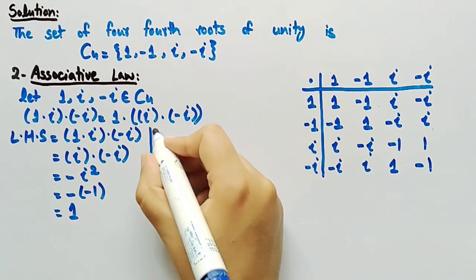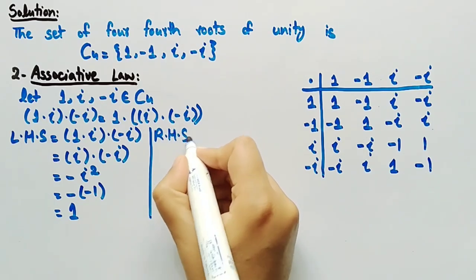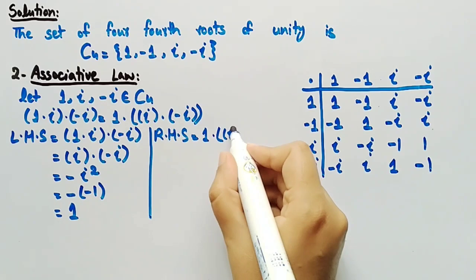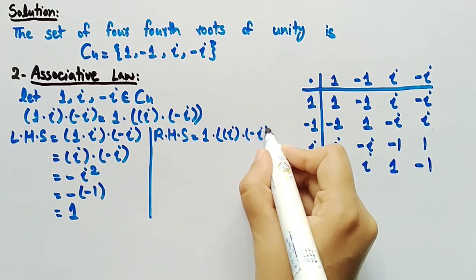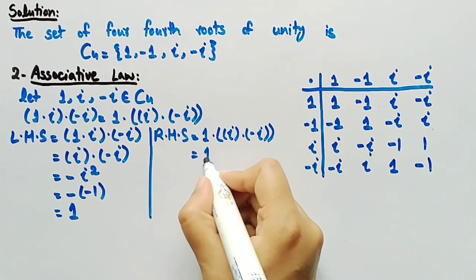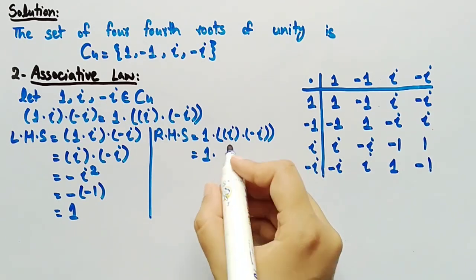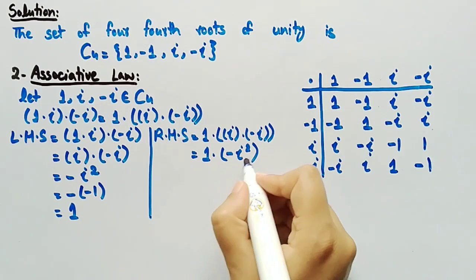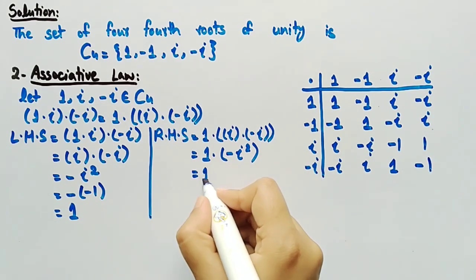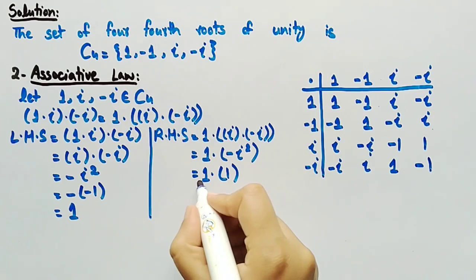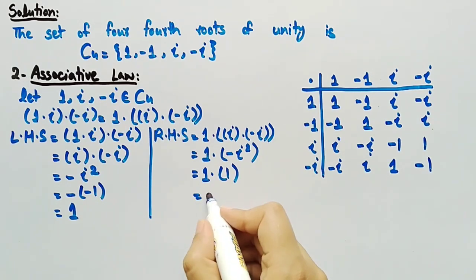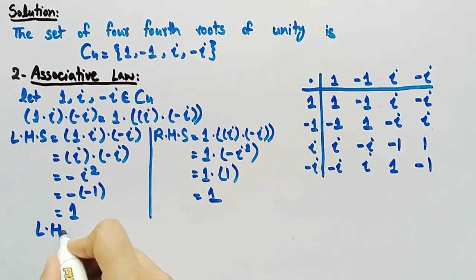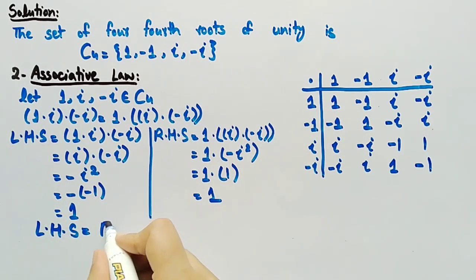Now let's take the right hand side, which is equal to 1 dot (iota dot -iota), which is equal to 1 dot (iota multiplied by -iota), which is -iota square, and -iota square is equal to 1. 1 multiplied by 1 is equal to 1. So we can clearly see that left hand side is equal to right hand side.